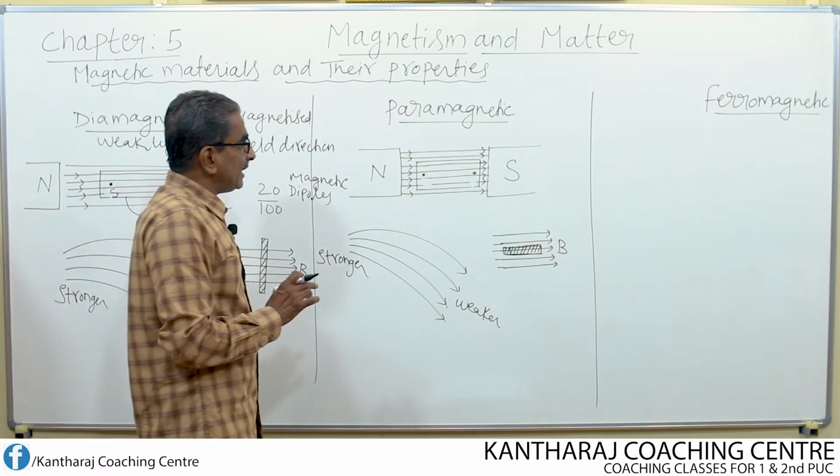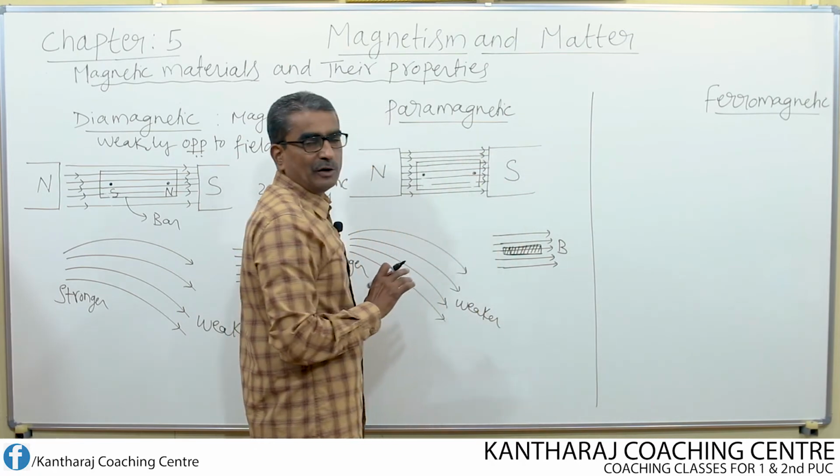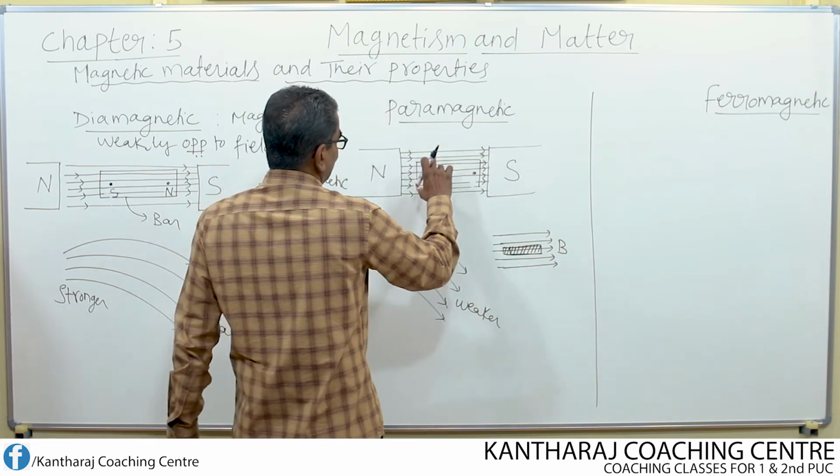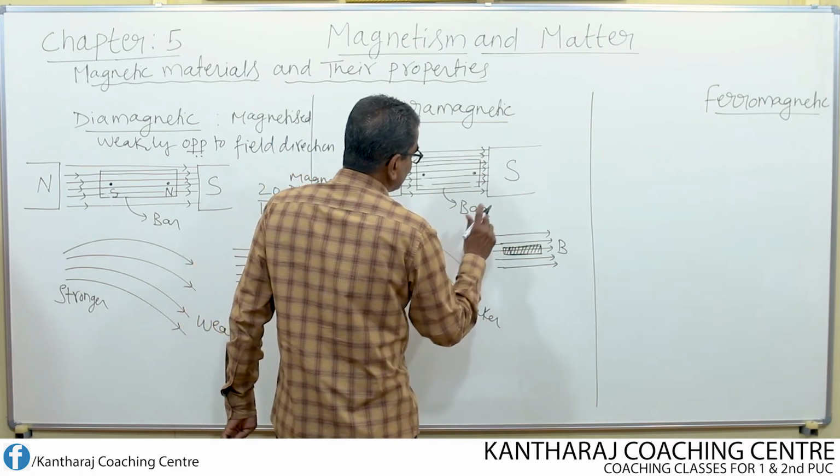Then coming to the paramagnetic material, if you keep one paramagnetic material once again in a uniform magnetic field, then this material, once again this is nothing but a bar.